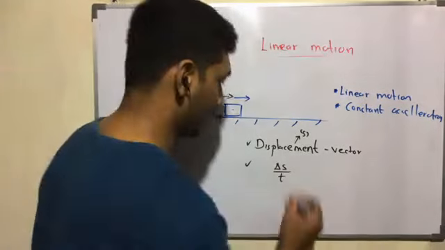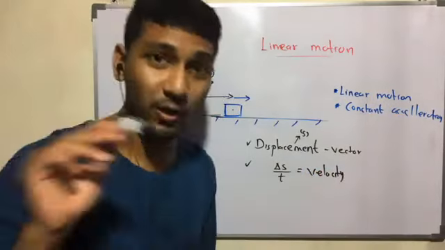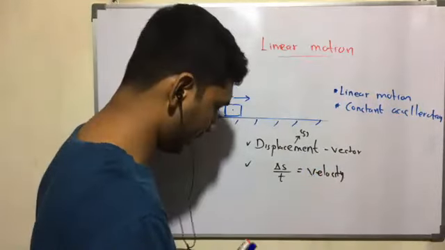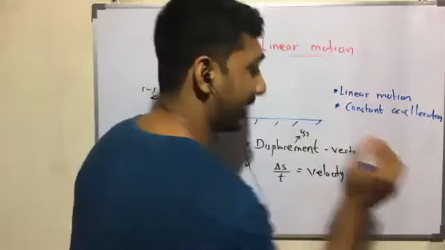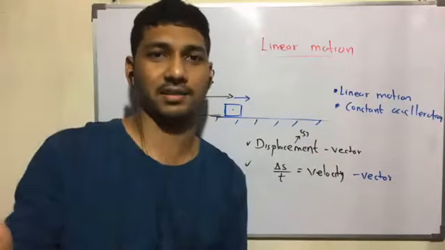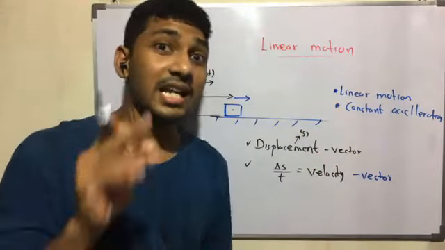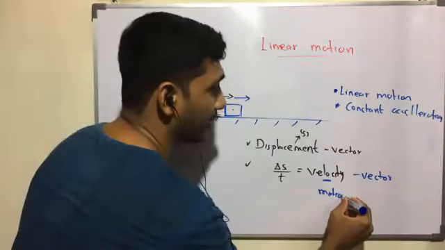Velocity is a vector. Velocity is also a vector, so it will have a magnitude and also a direction. It can also be expressed as plus or minus. Here you have to consider the motion, not the side.